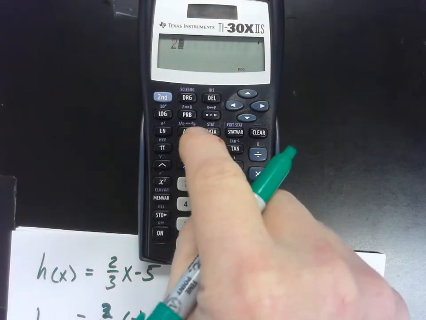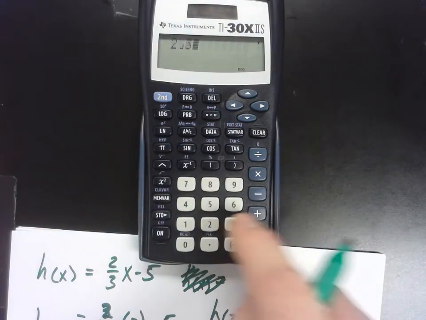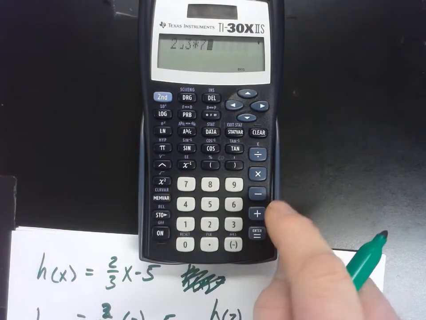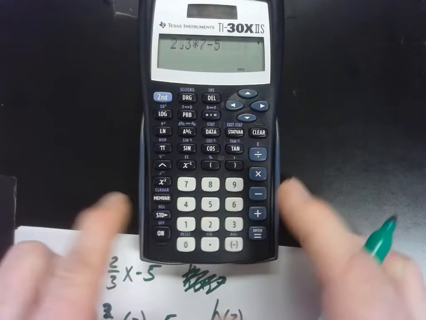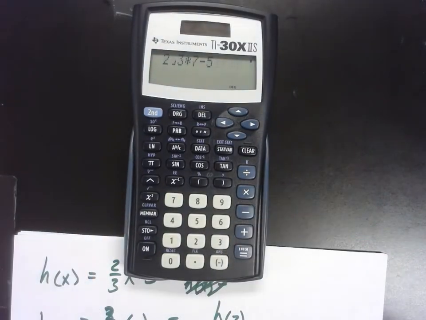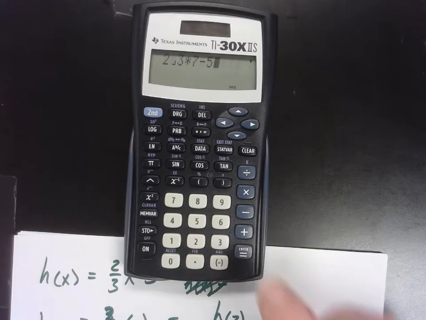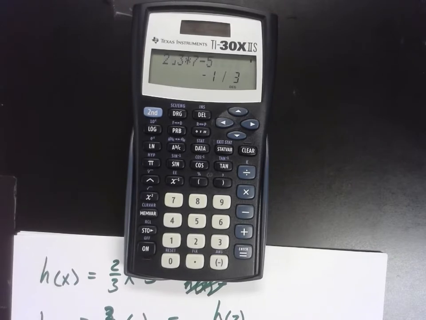So fraction 2 over 3 times 7, subtract 5. Now, you need to be aware, it's actually going to take the fraction 2/3 times 7 first, and then subtract 5 from that. So the calculator will do things in the correct order, and that is -1/3. And I expect to see that on your paper.